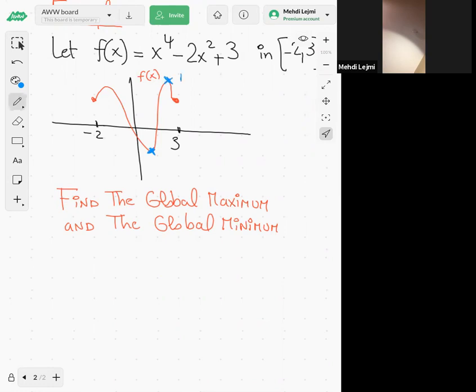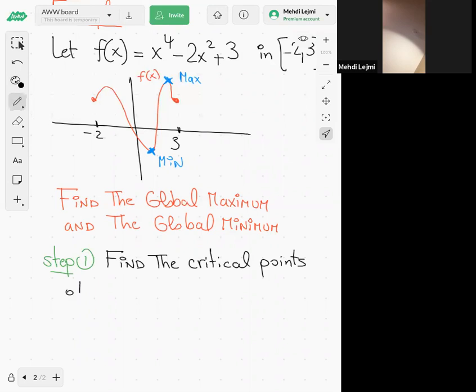So step 1: you have to find the critical points of f of x.